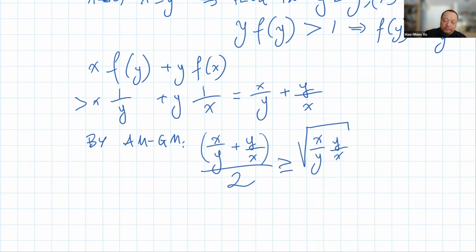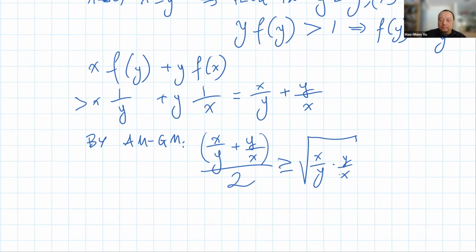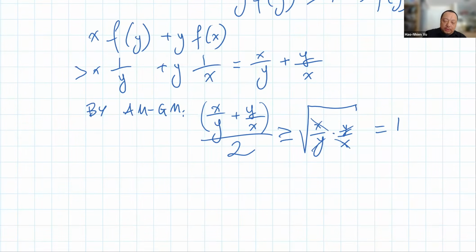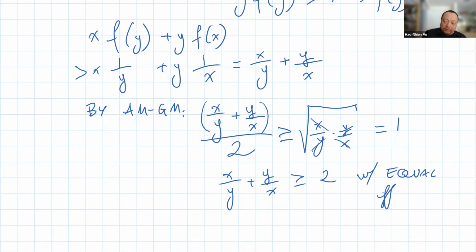Cancel, cancel, cancel, cancel. So this is just 1. So that means x over y plus y over x is greater than or equal to 2, with equality if and only if x equals y.